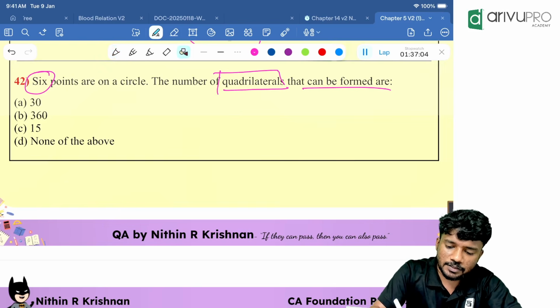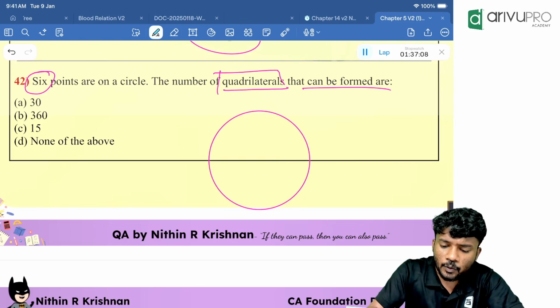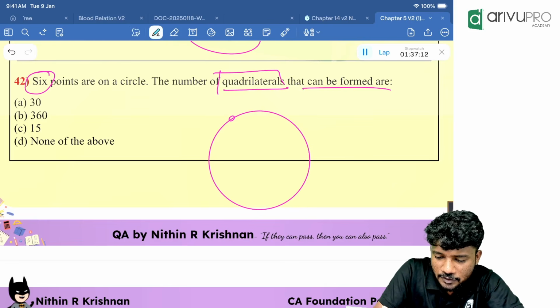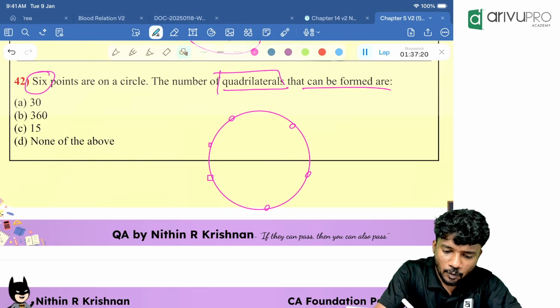Tell me the answer. We will check. Now, 6 points are there. How many points are there? 6 points: 1, 2, 3, 4, 5, 6. 6 points are there in total. Now, what are we going to do?